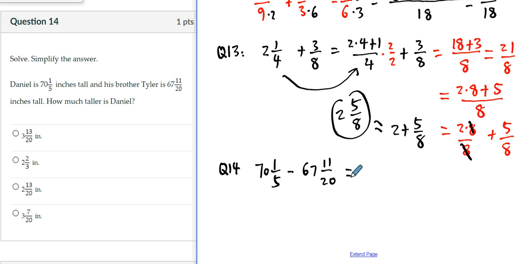Change this into an improper fraction: 5 times 70 plus 1 over 5. Subtract, and then 67 times 20 plus 11, divided by 5. Okay. I need to double check.